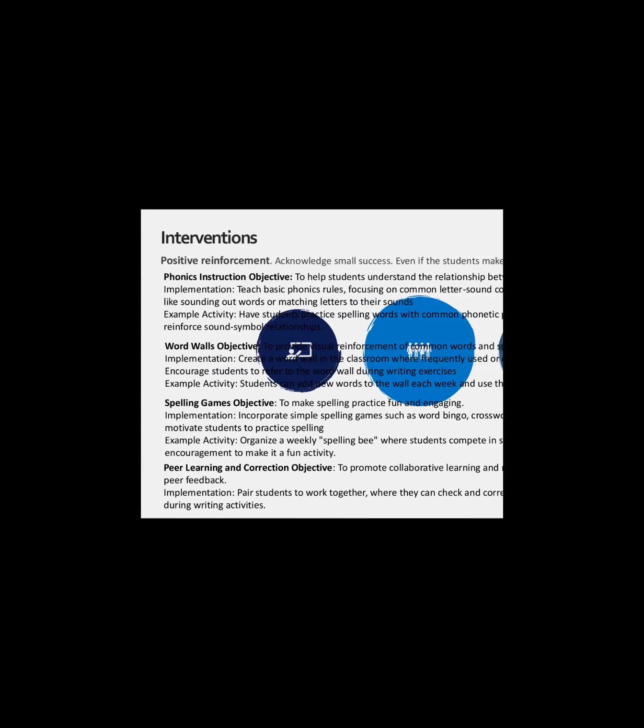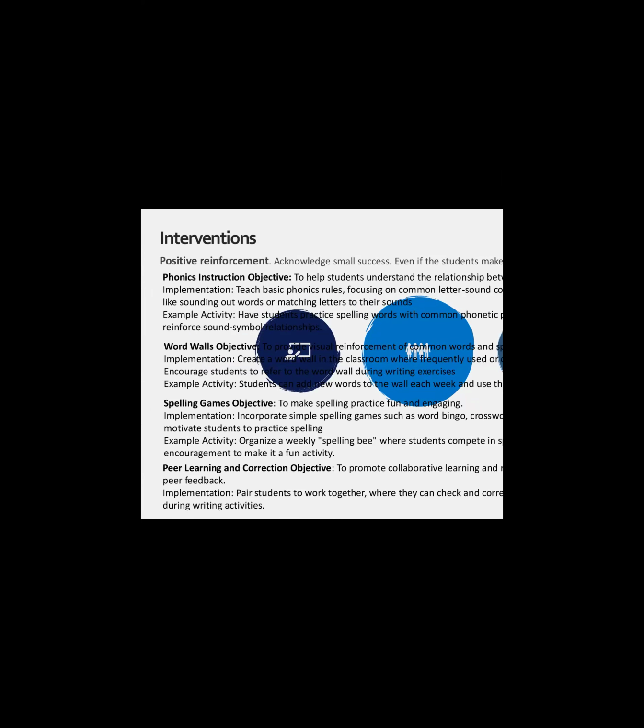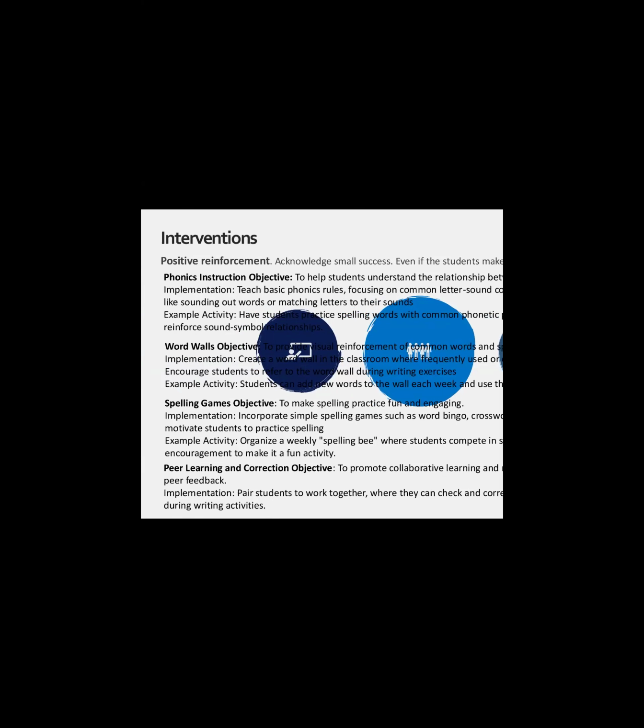And phonics instruction, objective: to help students understand the relationship between letters and sounds. Implementation: teach basic phonic rules, focusing on common letter-sound correspondence. Example activities are phonetic patterns, like cat, hat, like rhyming words, likewise.